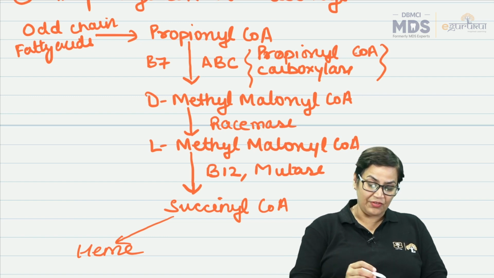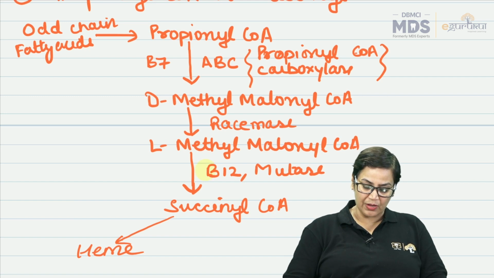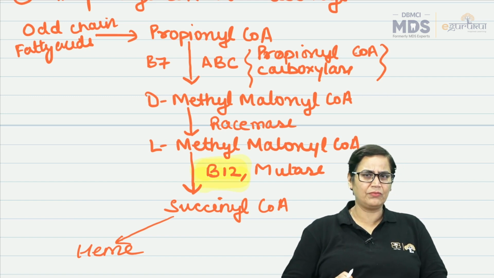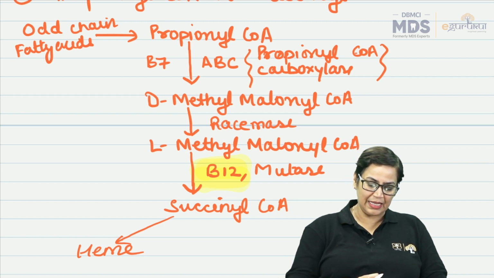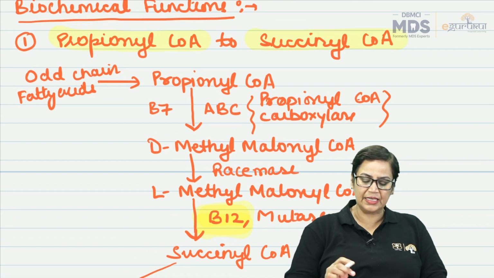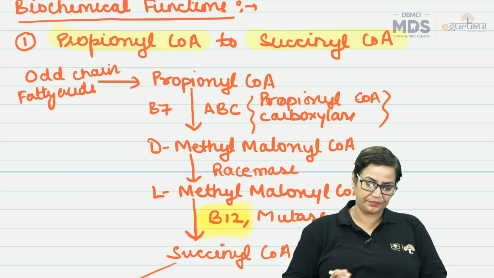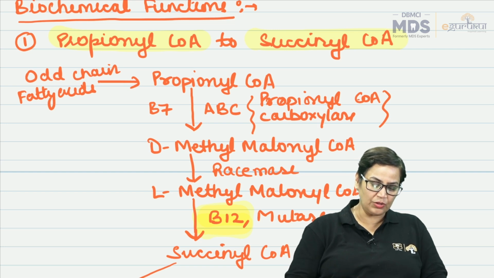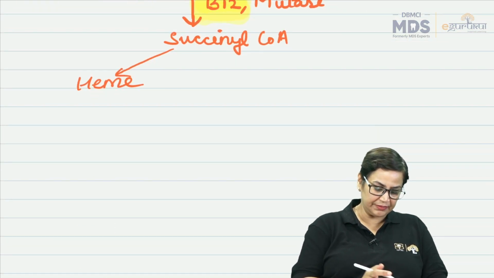Now here we are mainly focusing on B12. So this is one of the very important functions of B12, that it helps in the conversion of propionyl coenzyme A to succinyl coenzyme A. Moving on to the second function.